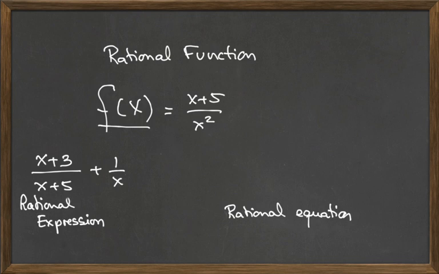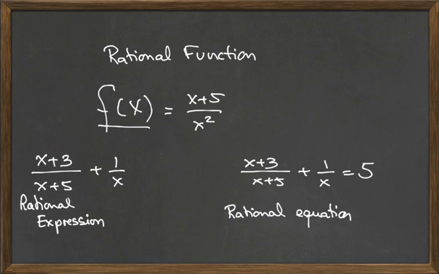Well, a rational expression is just that, an expression, while a rational equation has what that the other one doesn't? An equal sign, and it's equal to 5. I just made that up.